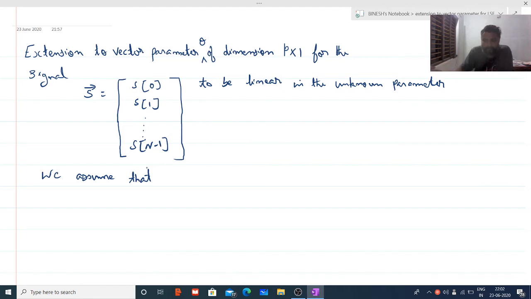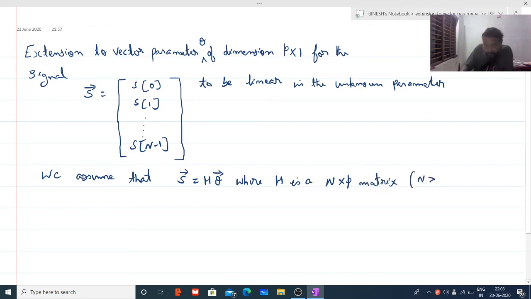So we assume that S equals H into theta, where H is an N cross p matrix, where N should be greater than p, that is for full rank.